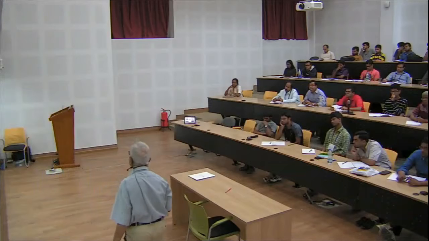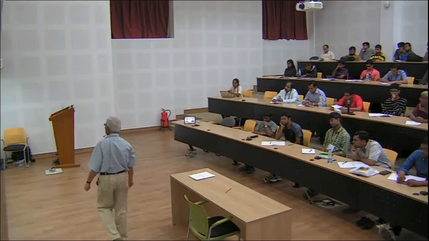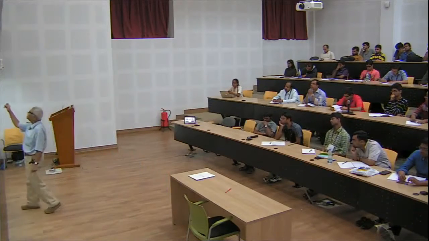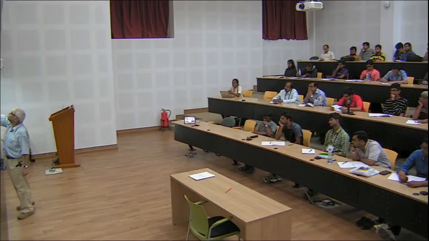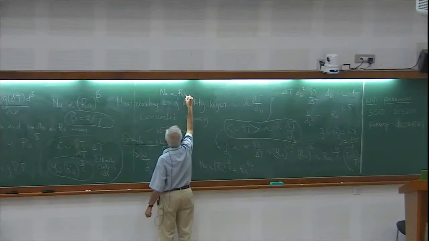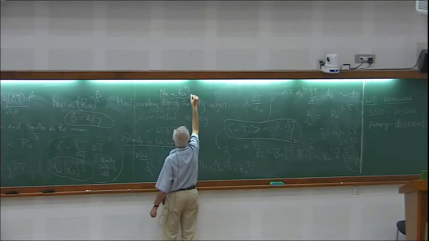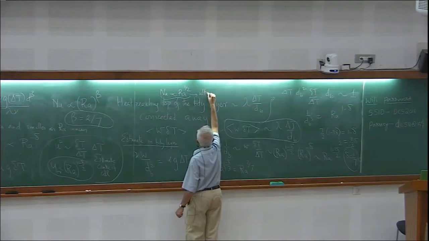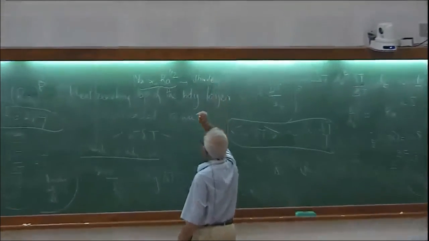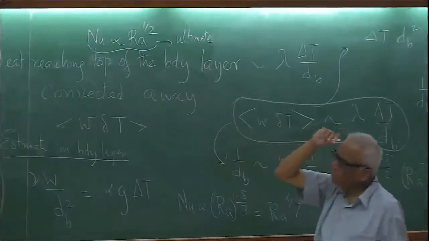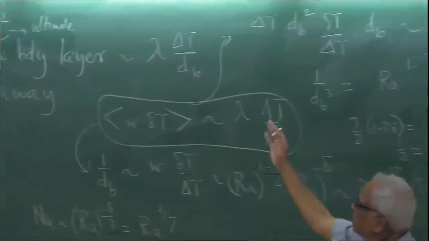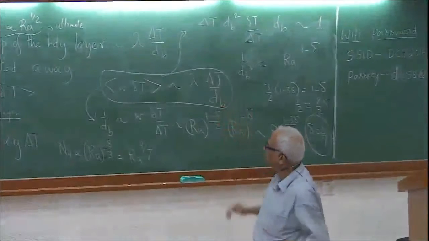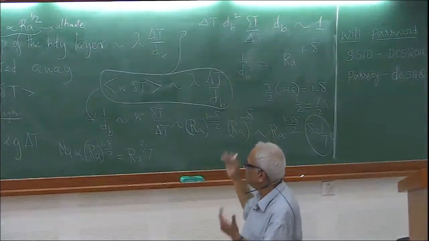There is supposedly an ultimate scaling law where the Nusselt number is proportional to Ra to the power half, valid in the limit of Rayleigh number becoming arbitrarily big.